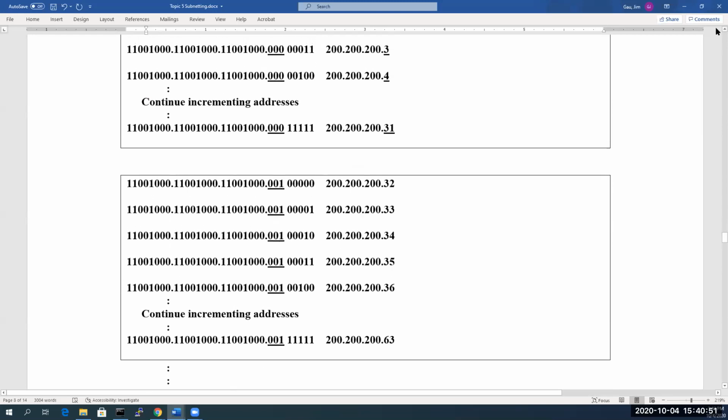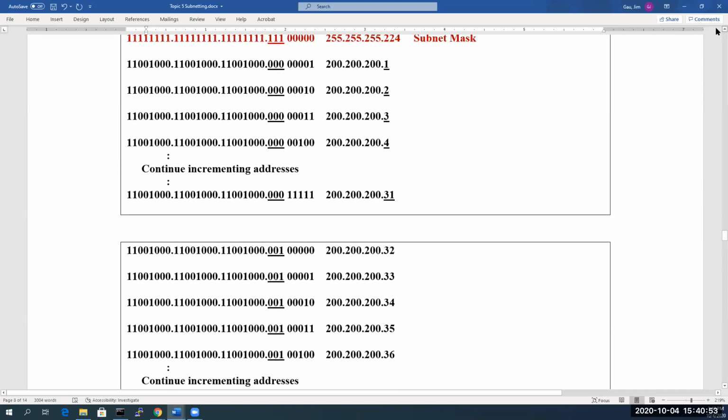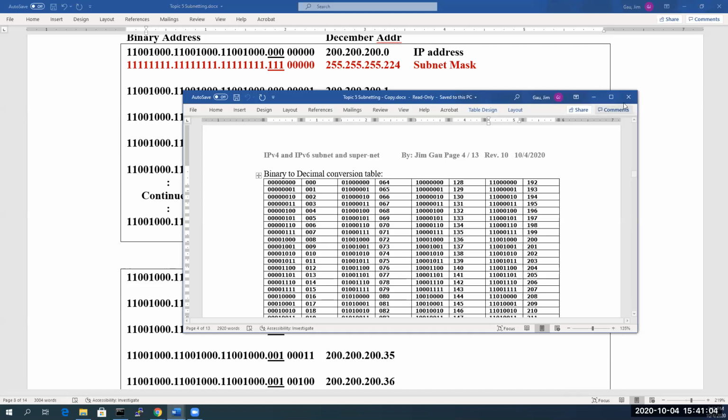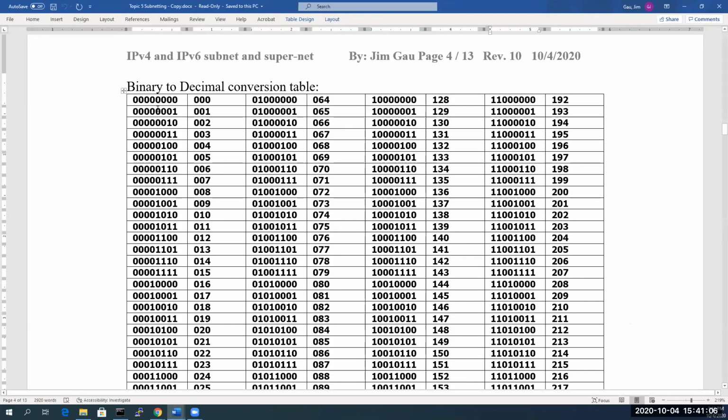So if we take a look at this one, you'll see we changed the first 3 bits into a network. So the first 3 bits now become the network. Now we say the 3 bits are the network. The first 3 bits 000 is a network.